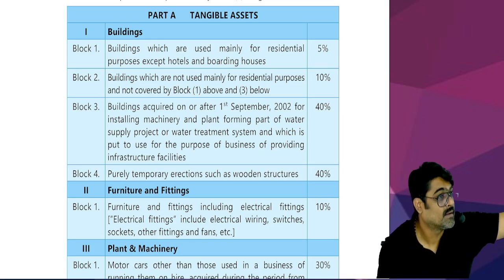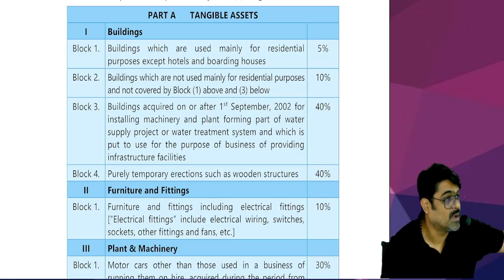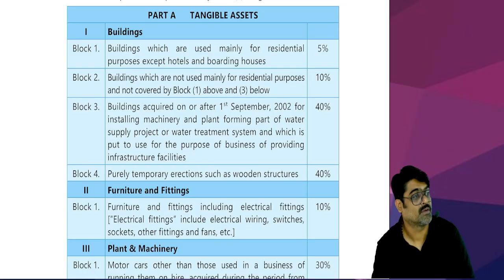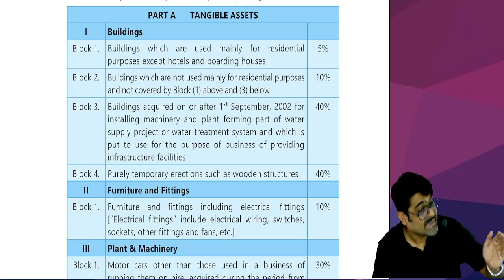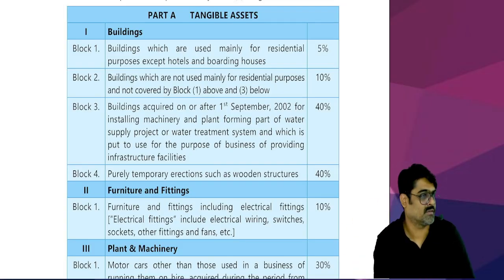In that township, they have constructed small houses which they are giving to their employees. Those houses are residential buildings which are used by the assessee in his business to keep his employees.